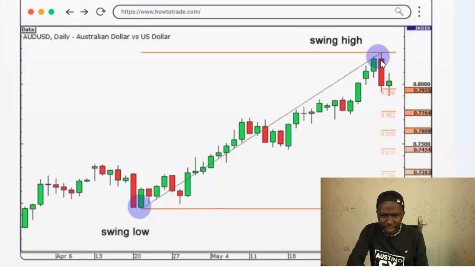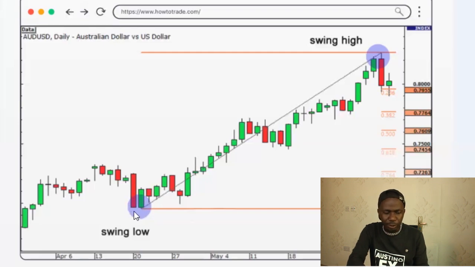So in this process where the market began to make a retracement is when you are expected to plot out the Fibonacci retracement tool. So what you're going to do is look at the previous low. This is the previous low.